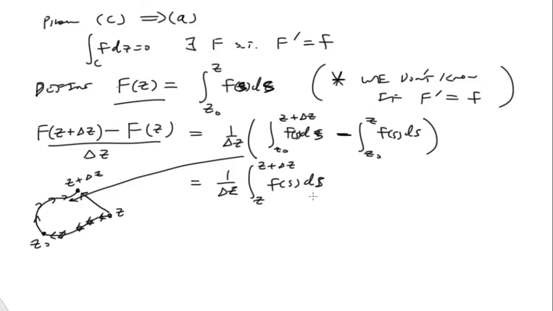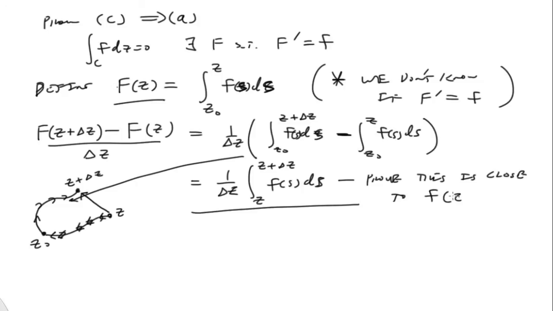So now the next thing we want to do is play a little trick here. We have that expression. Now we want to prove this is close to f of z, because this is effectively F prime. As delta z goes to 0, this is going to get close to F prime, provided it exists.